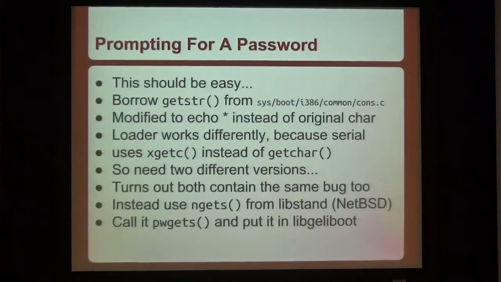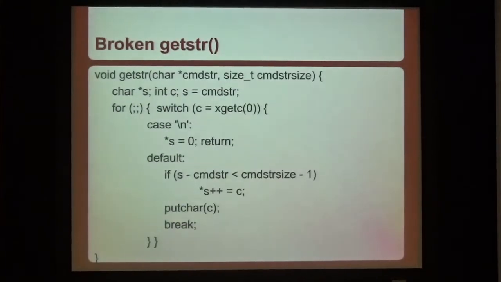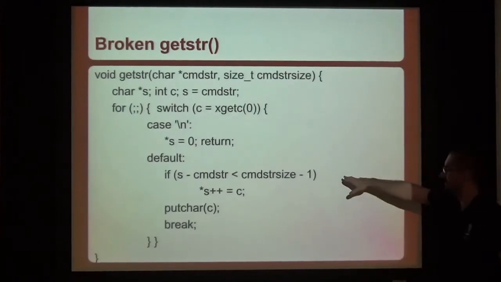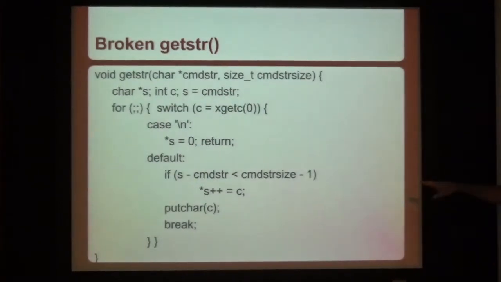And it turns out both of them actually contain the same bug, where both getStir and getChar, you specify a maximum length as well for how much they're going to type. And you can see here, I've shortened the function a bit to see the way they did this. Once you've passed the maximum characters you're allowed to type, it continues to echo more characters instead of not.